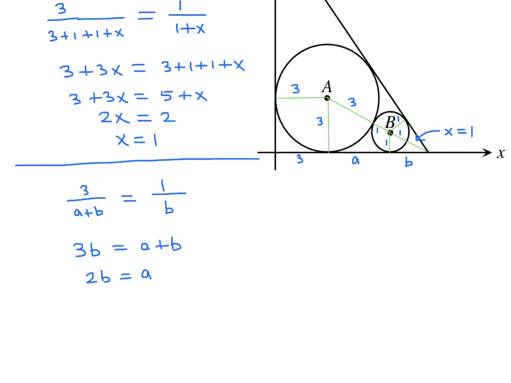Now B we can easily figure out from this triangle right here using Pythagoras. Right there, that's a right triangle, because remember, when a circle is tangent, it means that will become a right angle like that. Same thing's true there. So B, if you use Pythagoras, you get 1 squared plus B squared is equal to this hypotenuse, which is 1 plus 1, because we figured out the value for x.